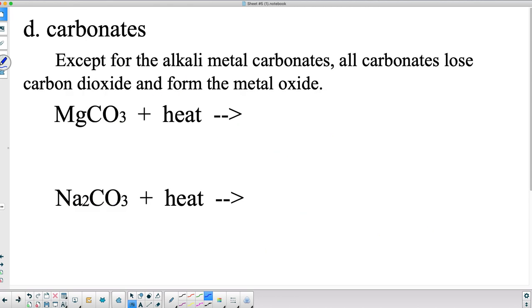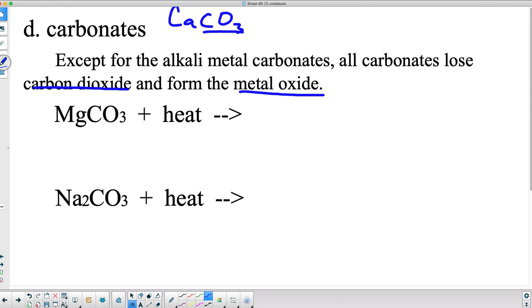After nitrates comes carbonates. So what are carbonates? Well, we saw one already in the example as CaCO3. That's a carbonate. If it ends in CO3, it's a carbonate. Okay, so what's the rule for this one? Except for the alkali metal carbonates, all carbonates lose carbon dioxide, another prefix, and they form the metal oxide.